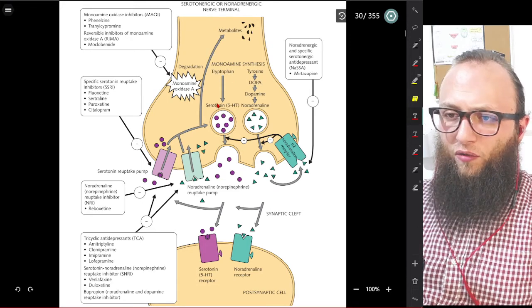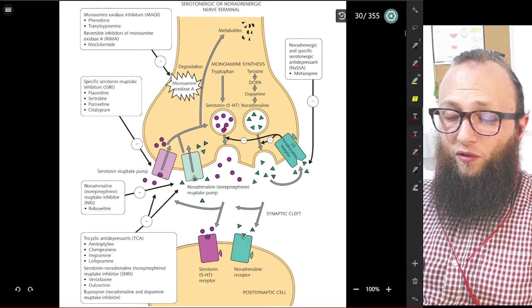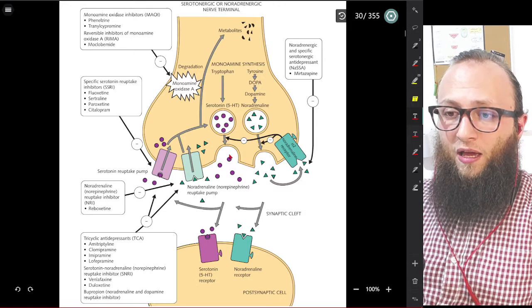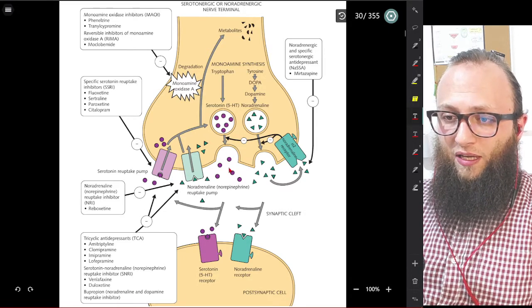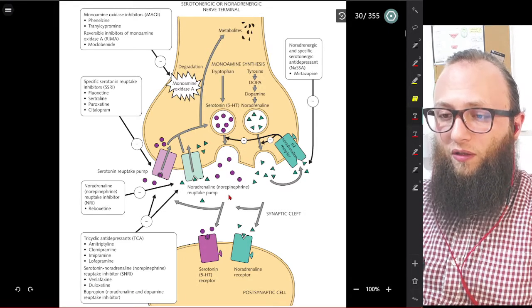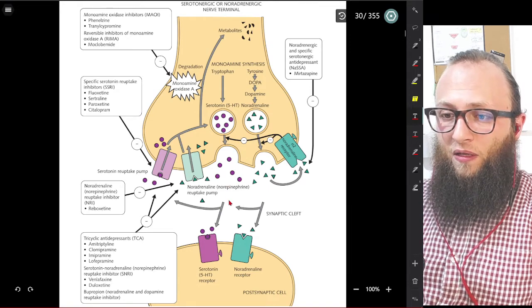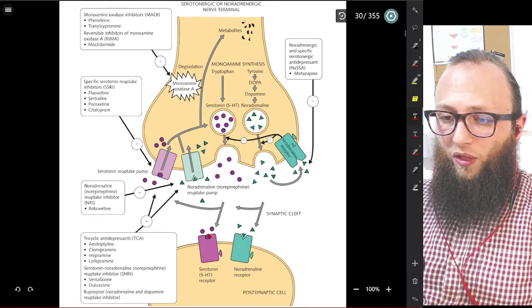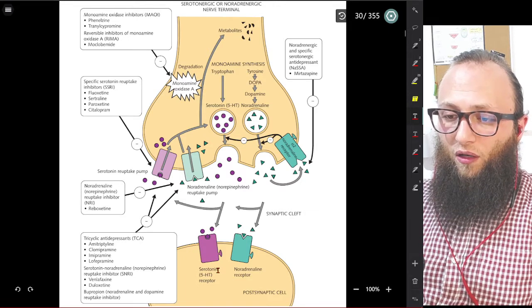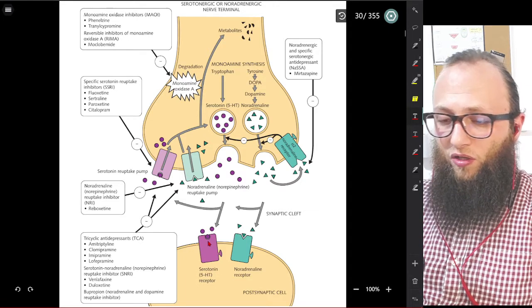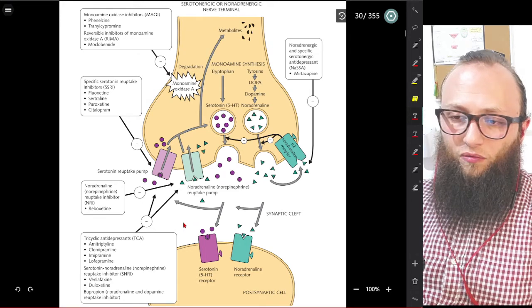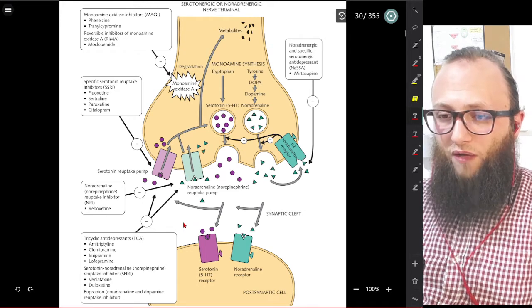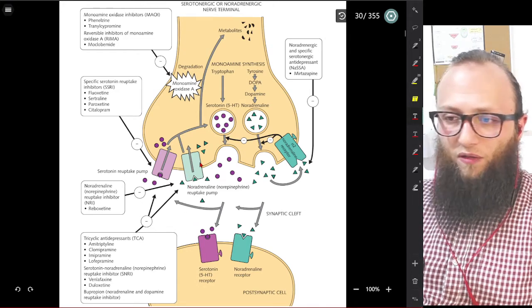Tryptophan is converted to serotonin, and then serotonin would be packed within vesicles. And then when there is an action potential, serotonin would be released. After that, it would bind to its receptors, like serotonin receptors 5-HT1A, 5-HT2A, 5-HT3, according to that.